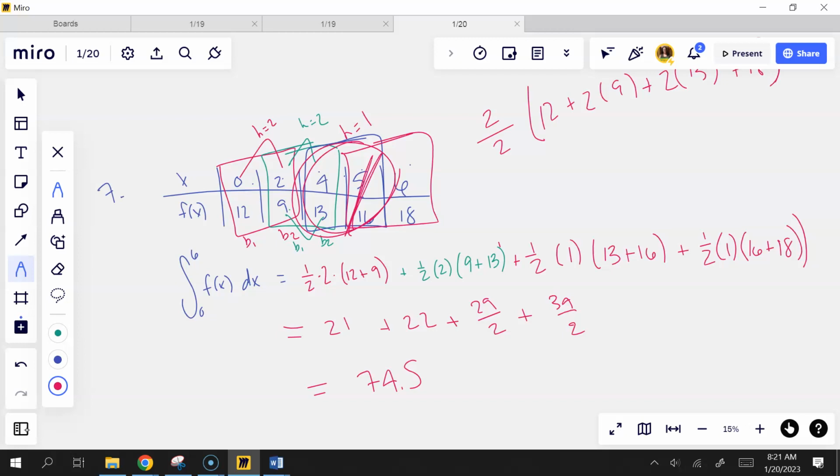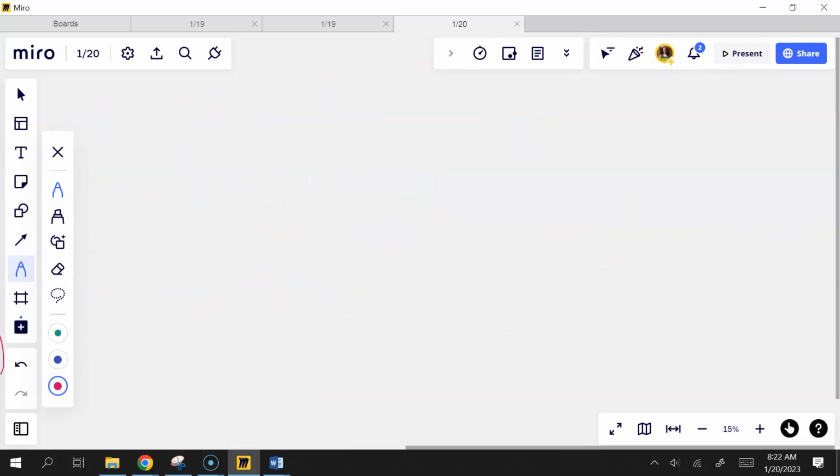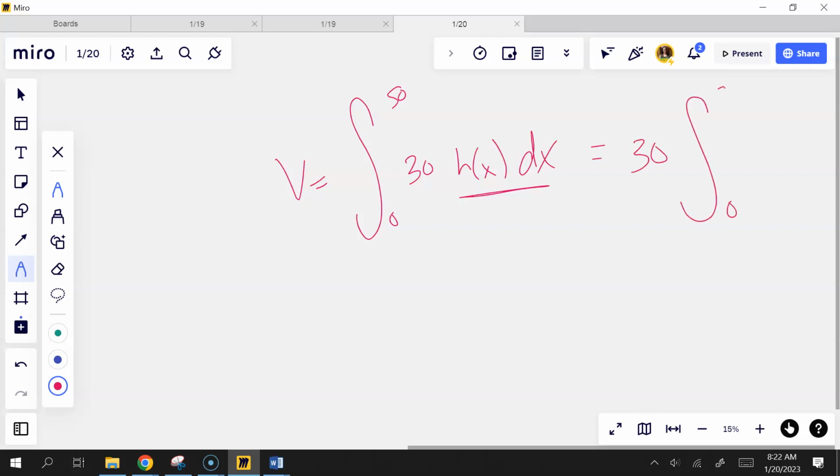Rectangular swimming pool, 32. Blah, blah, 1 minute. Okay. So it says volume is the integral from 0 to 50 of 30 times h of x dx. And the h of x is given to me in a table, right? So I'm going to do 30 times the integral from 0 to 50, h of x dx, and I'm going to use trapezoid rule to do this one.